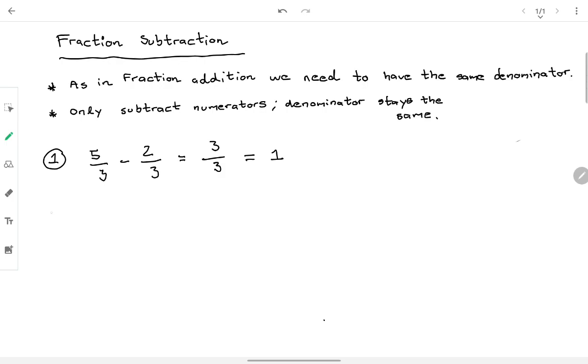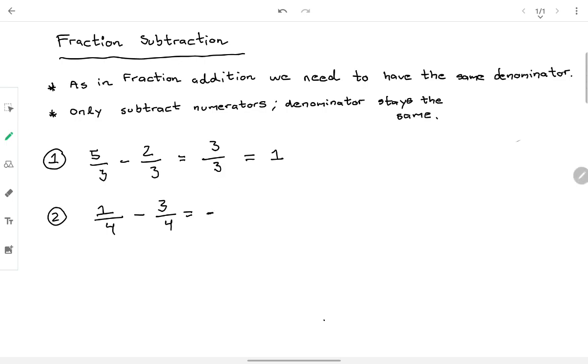Let's see another example. If we have maybe 1/4 minus 3/4. In this case, when we have a fraction subtraction, we need to see, when we have the same denominator, which one of the numbers is bigger. If the bigger number is the one that is negative, our final answer will be negative.